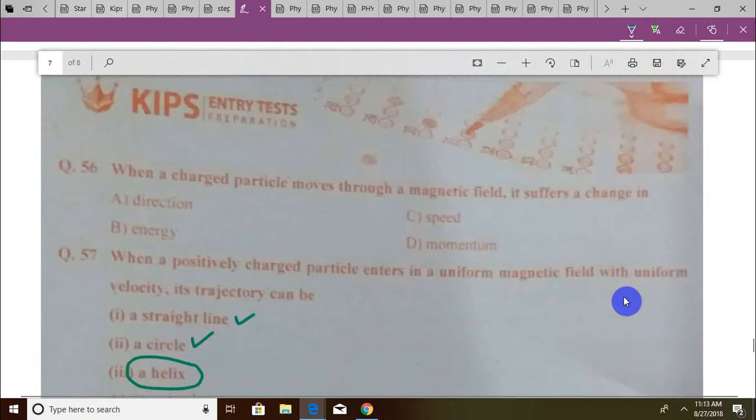When a charged particle moves through a magnetic field, it suffers a change in direction, energy, speed or momentum. Direction can be changed, energy is not changed, speed is oftentimes not changed. It's the velocity that changes in terms of direction, and the momentum does in fact change.